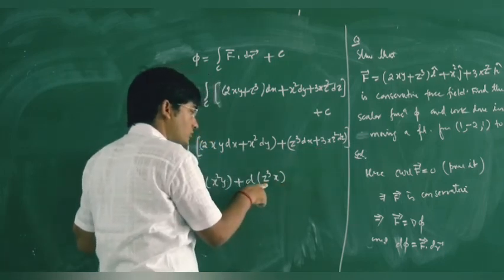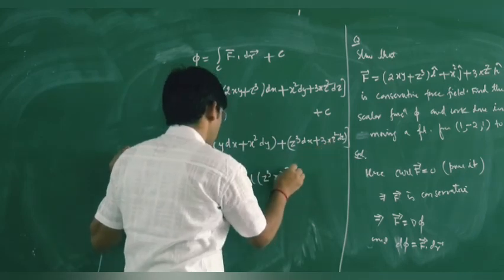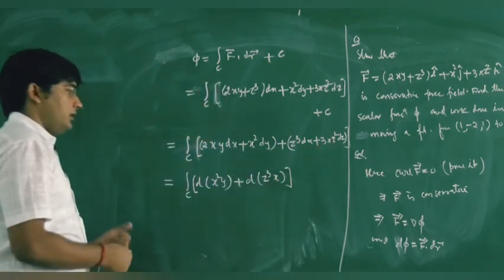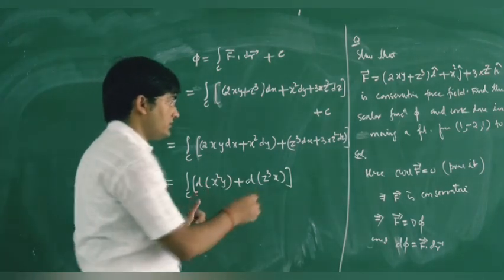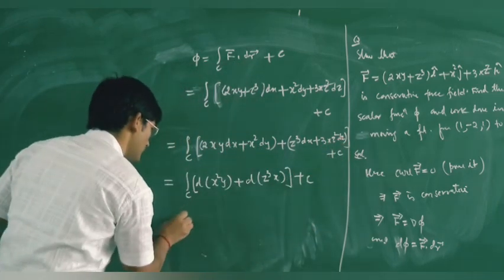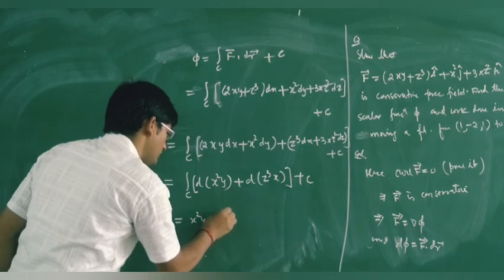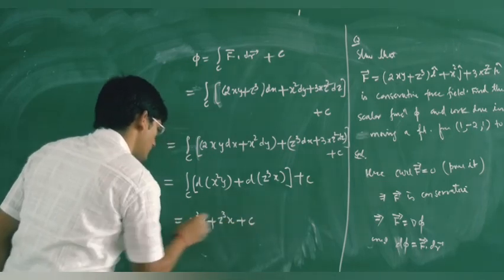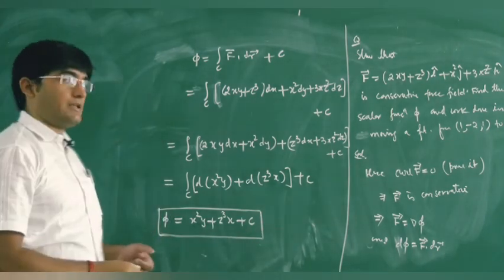The differentiation of z cube will be 3z squared into dz, so we have this second term. Okay. Now plus some constant of integration. Now the integration of the first term will be equal to x square y. The integration of the second term will be your z cube into x plus some constant of integration. So this is the value of phi in this case.